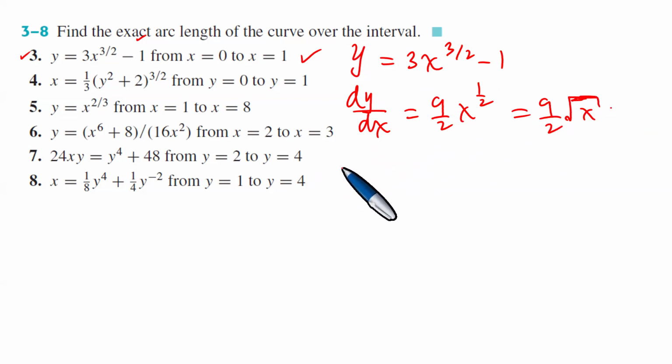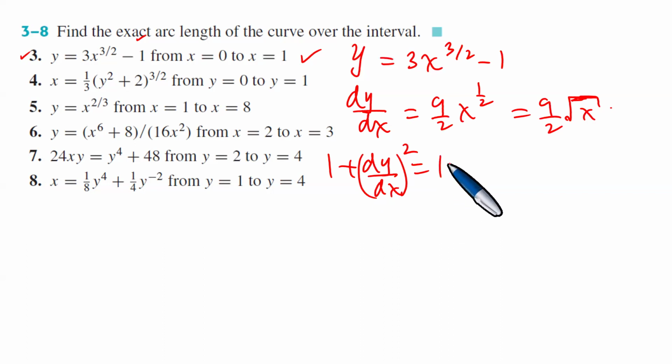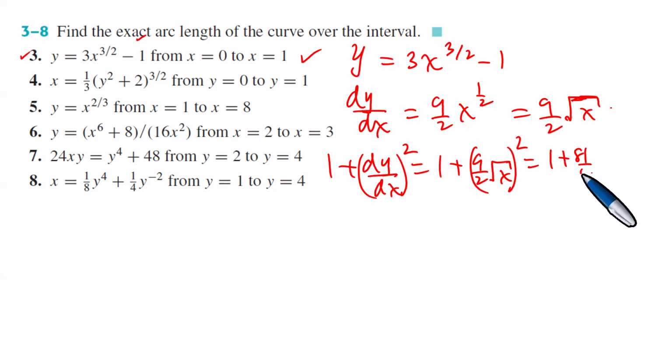All right. 1 plus dy dx squared: 1 plus 9 out of 2 times the square root of x, squared, is 1 plus 81 out of 4x. Because if you square 9, you get 81, and then you get exactly that one.